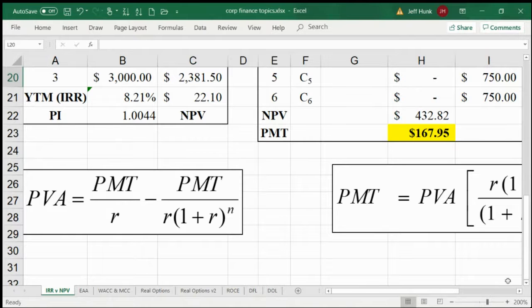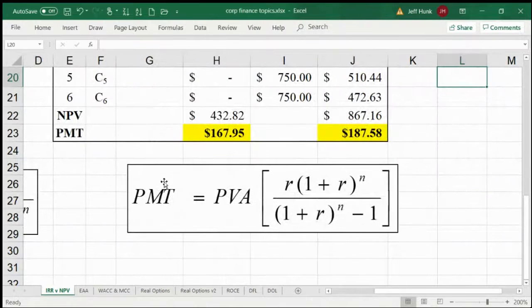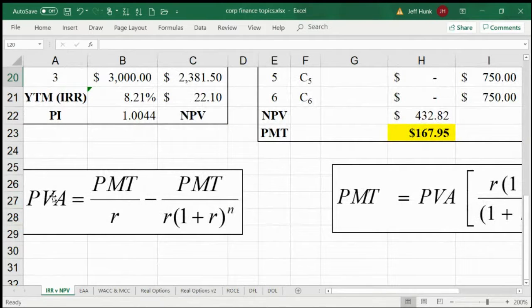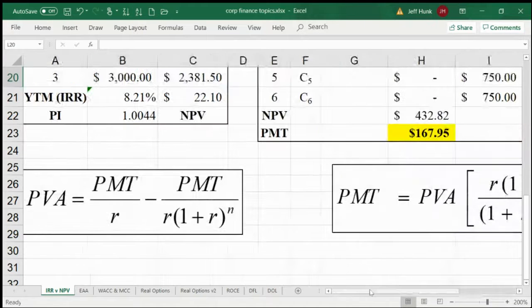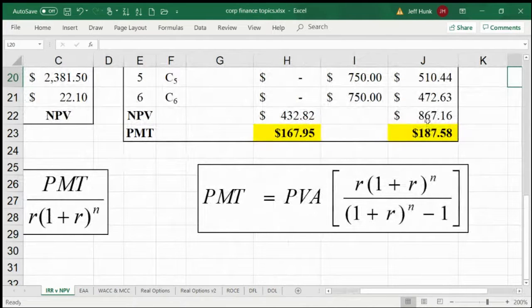But there's a reason I keep using this, and also if you're solving this equation for payment, because we want to know what the annuity payment is. Think about it. If our present values of annuities are, in this example, 432 in the short-lived project, and 876 in the long-lived project, what kind of annual payment will result in the present value of annuity of this?